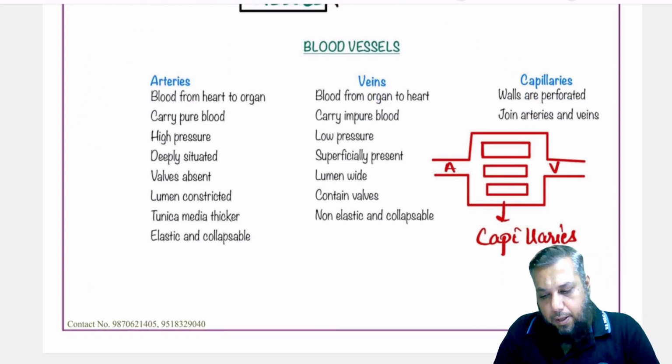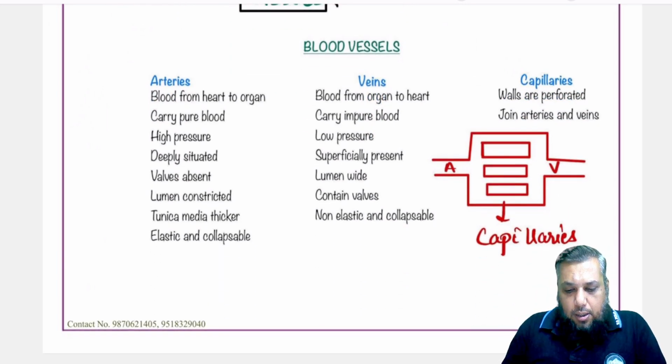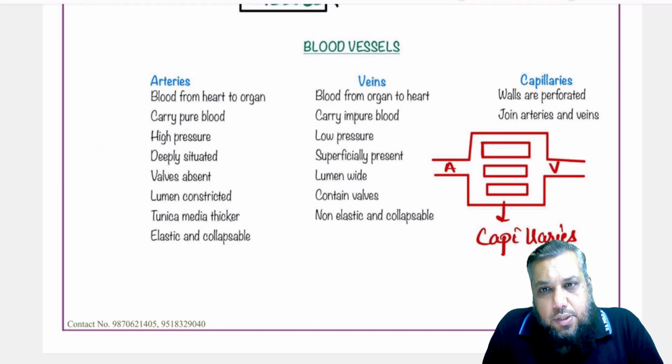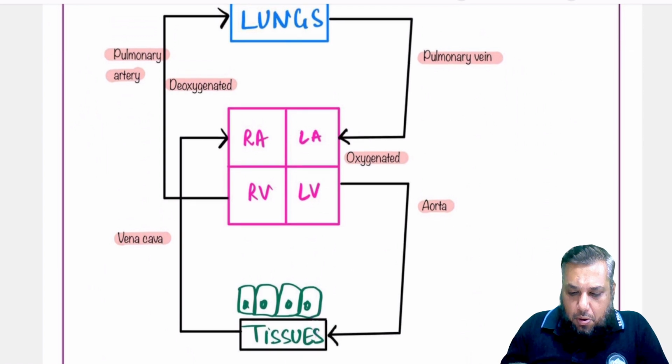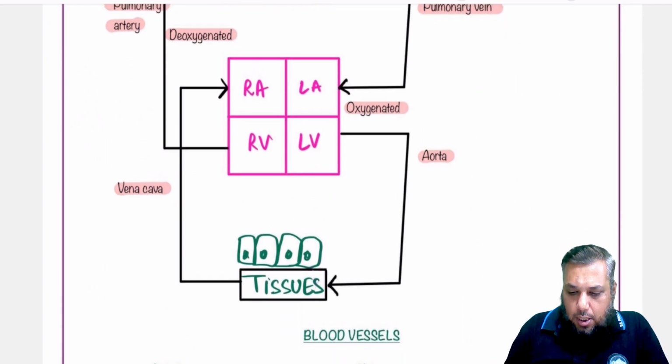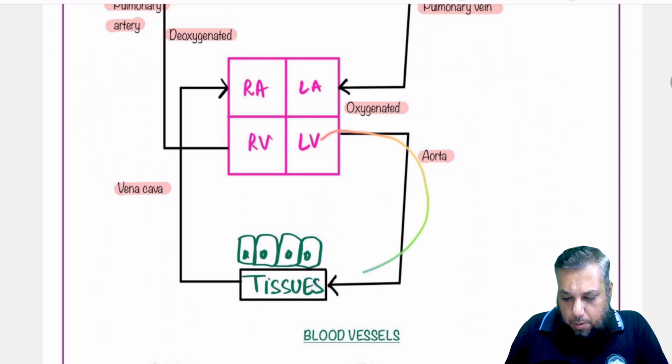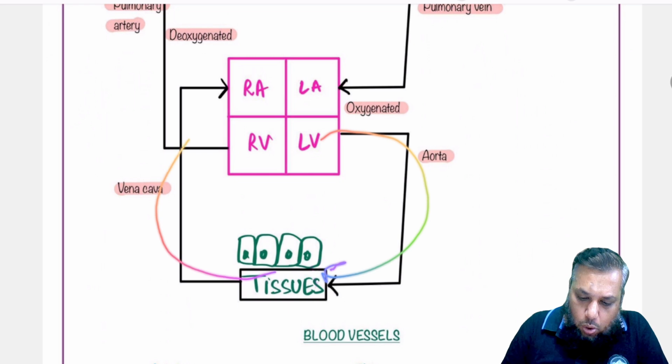So, this is the perfect double circulation. Why am I using the word double? Because the heart, that is the left ventricle, pumps oxygenated blood to the tissues. The tissues send the deoxygenated blood to the right atrium.